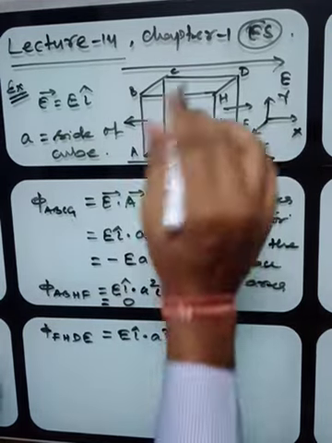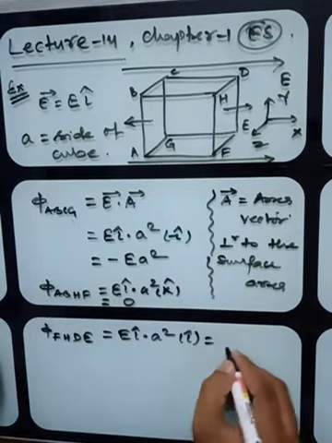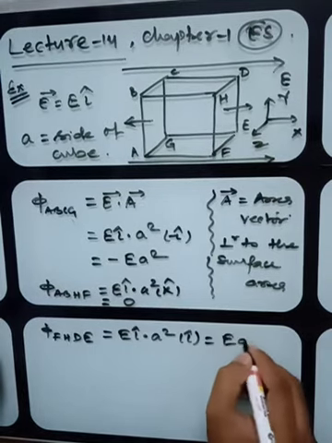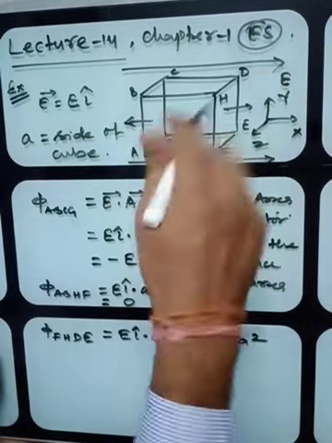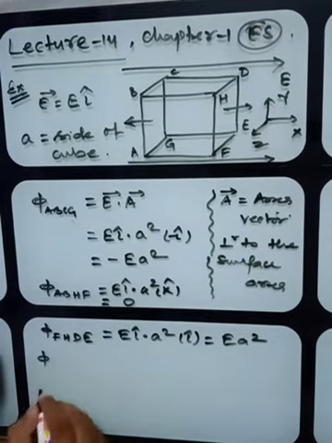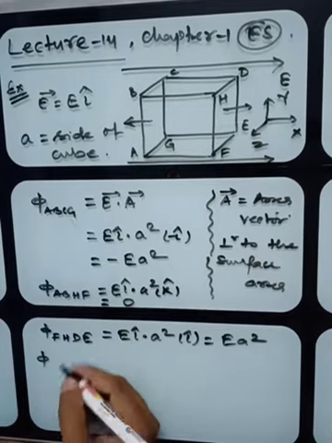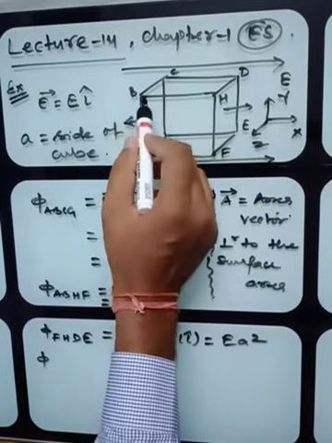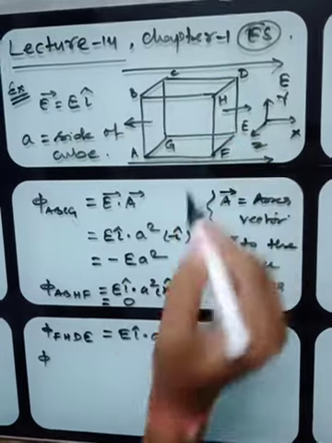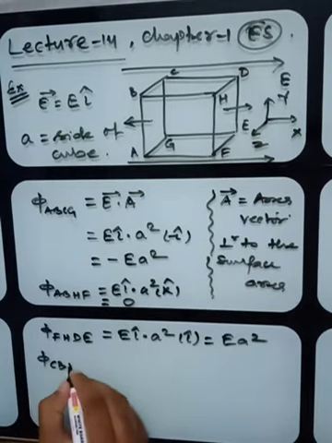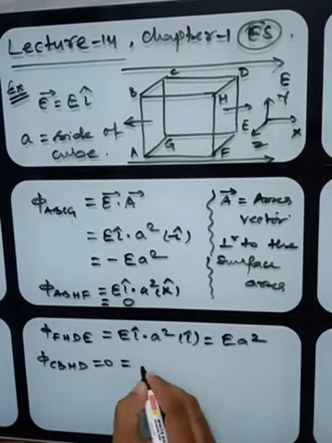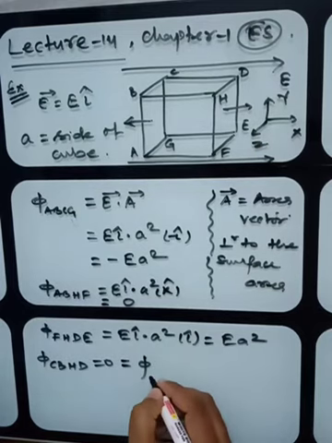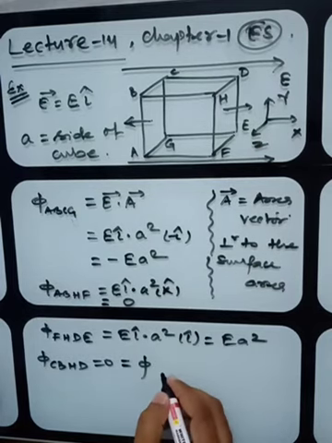So we can write here it is E A square. Now for the other faces, if you find the flux phi CBHD, you will find the flux 0. And this is also equal to the flux by CDEG.